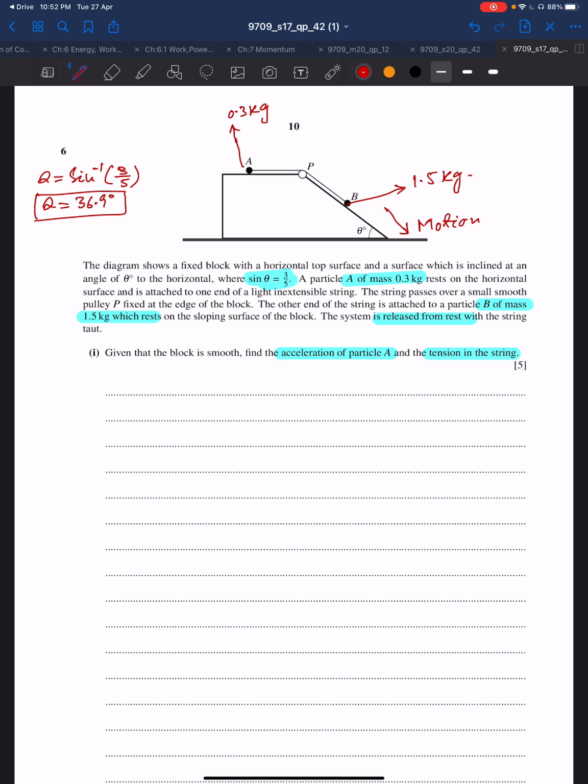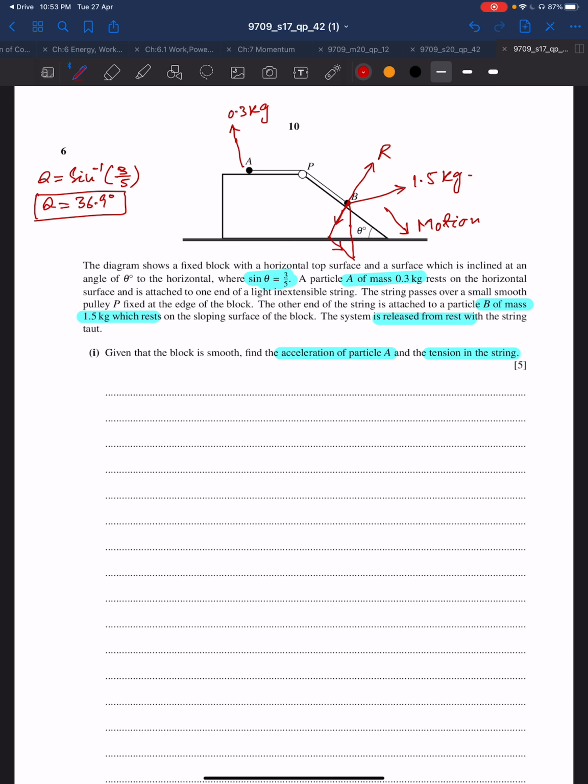So this will be the driving force. If you draw the horizontal component and vertical component, this is mg, 15 Newton, and this is theta.